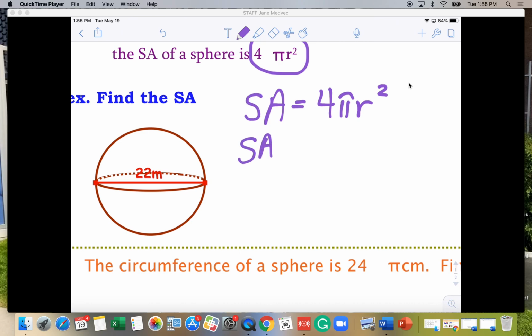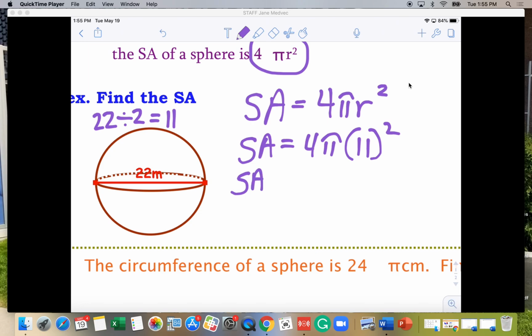The surface area equals 4 pi, and the diameter is 22. So if I take 22 and divide it by 2, that gives me 11, so it's 11 squared. The surface area equals 4 pi times 121.